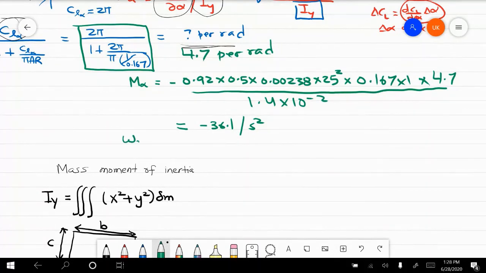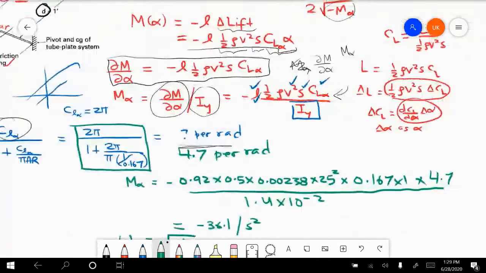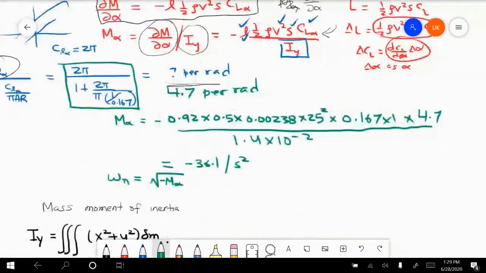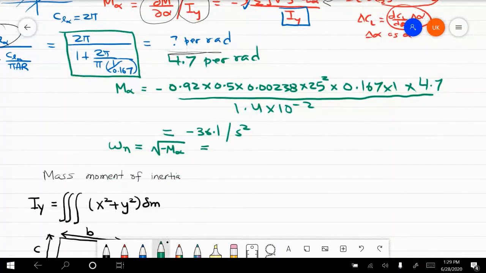The natural frequency is equal to the square root of negative m alpha, as we know from our previous discussion. So this is equal to the square root of 36.1, and so omega n will be approximately equal to 6 radians per second.